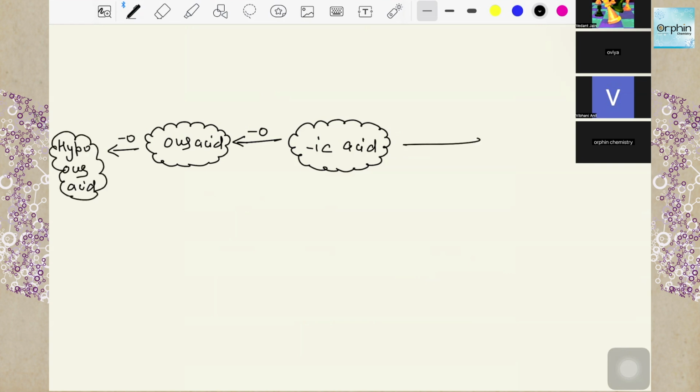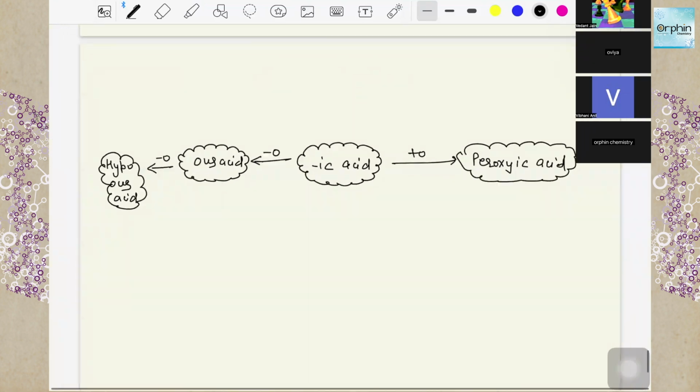And if we add one oxygen to the ic acid, then it will be known as peroxyic acid. Here we haven't taken any molecule twice, they are just independent.